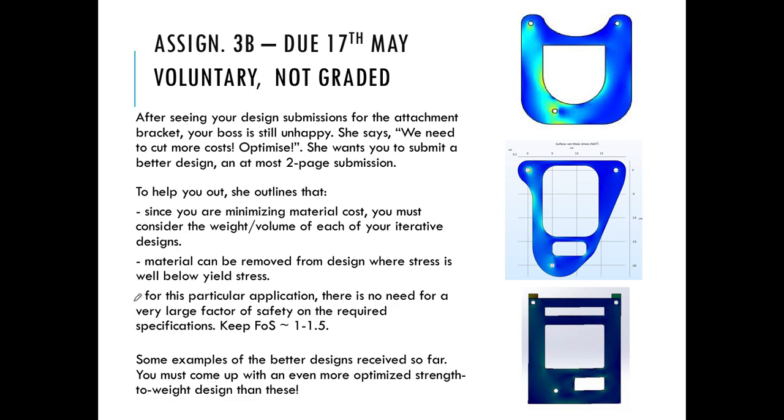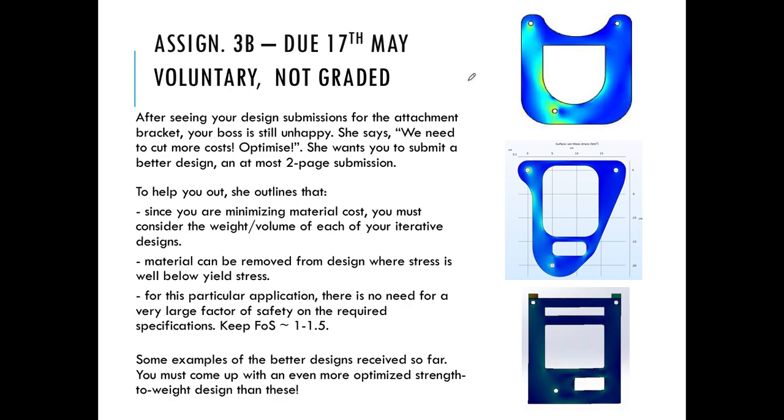Number 1 is that because we're optimizing the strength to weight ratio, that is, we want the minimum possible weight of our bracket, you must consider the weight of your bracket and compare it for each of your iterative designs. How else are you going to show that you've used the minimum possible weight in your final design? Next, once you've got your analysis for a particular design, you can remove material wherever the stresses are very low.